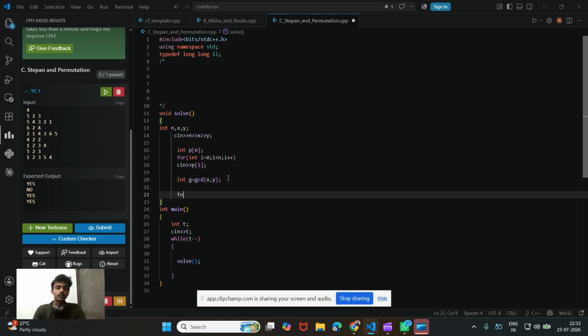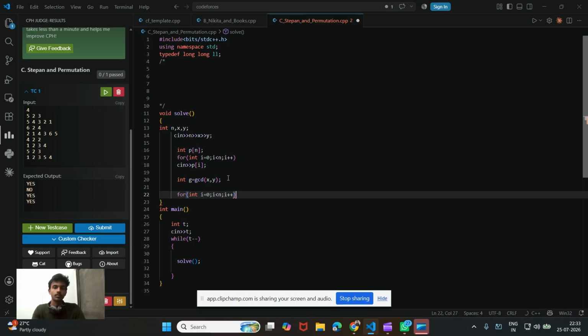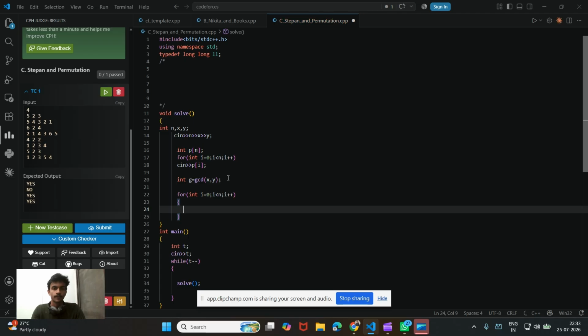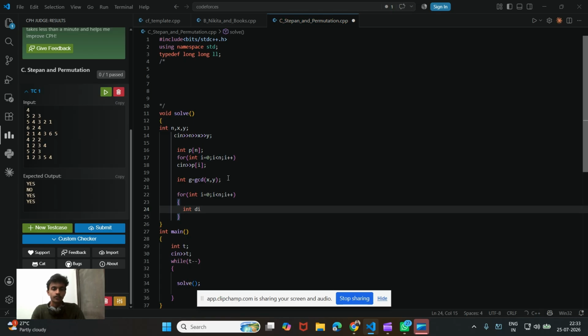And now for int i equals 0, i less than n, i plus plus, int diff, that is the absolute of p_i minus (i plus 1).